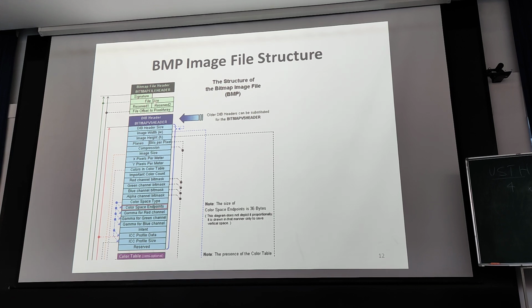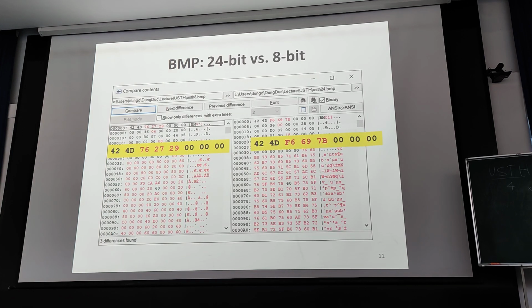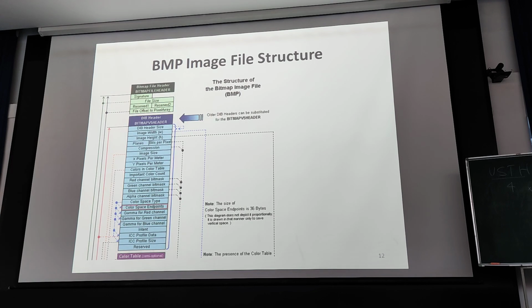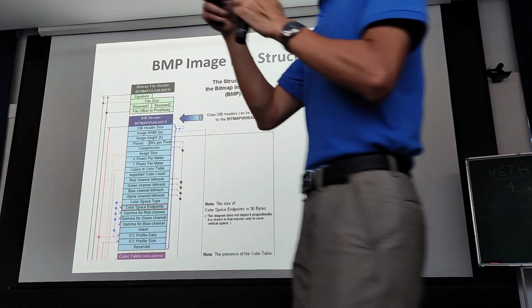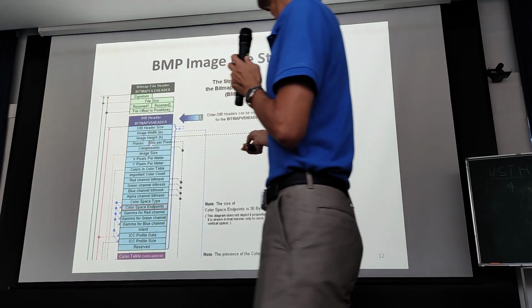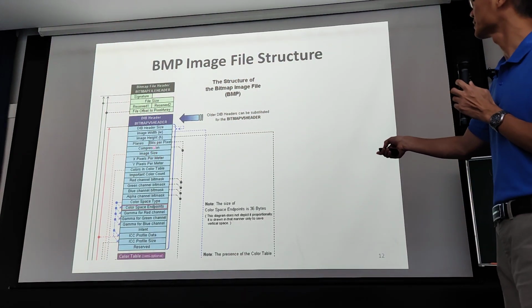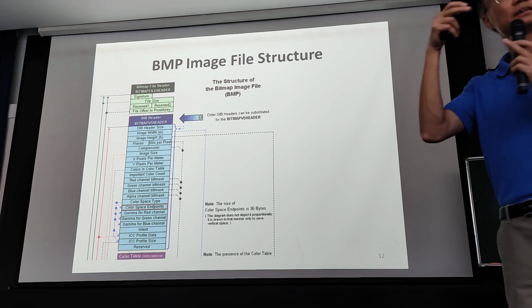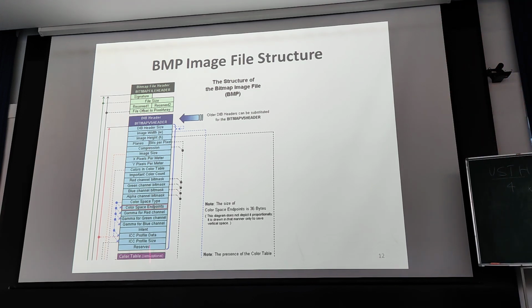the signature bytes here. And for bitmap, this is 42 and 4D. After that, some information about the file size. We know that the next 4 bytes are the file size, and so on. The header, the DIB header, the image size, image width and height in pixels, compression information, image size, pixels per meter, the resolution, and so on.